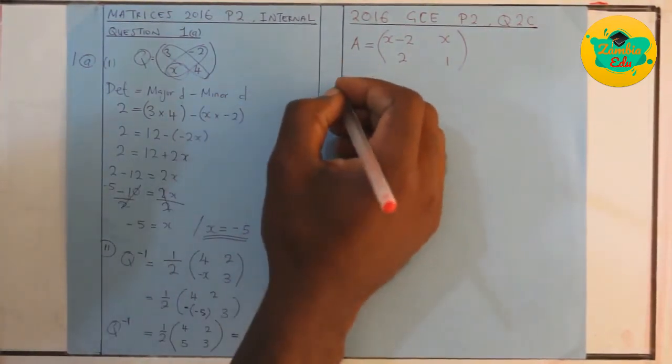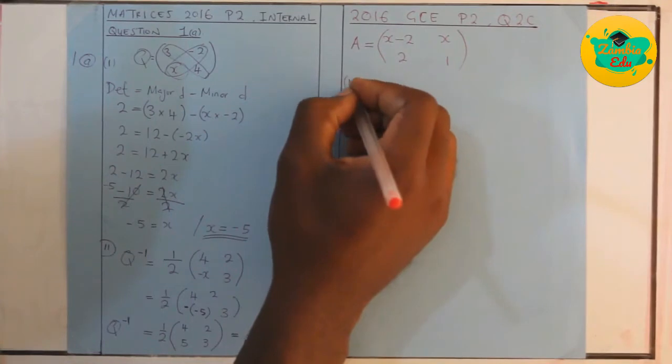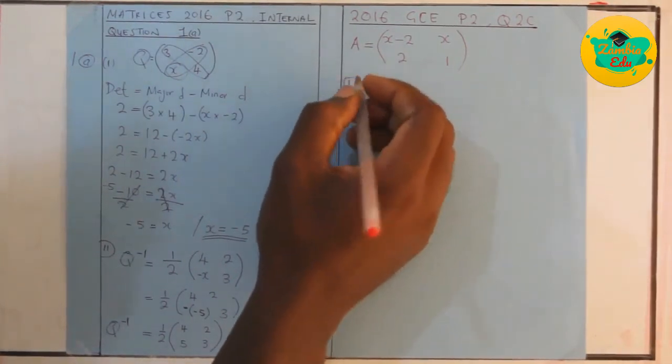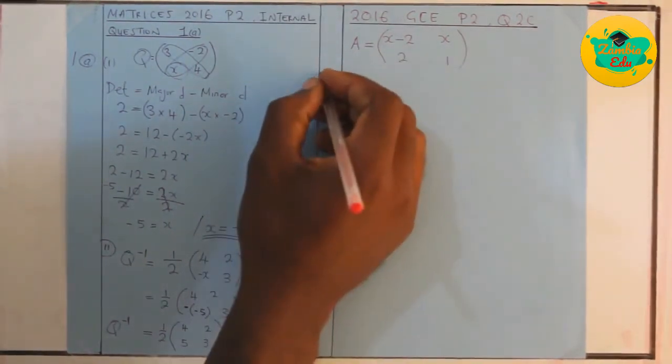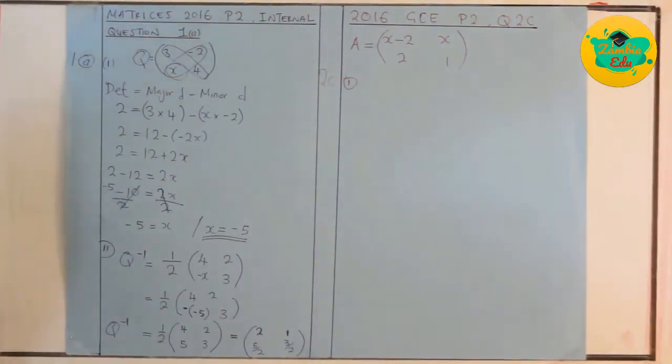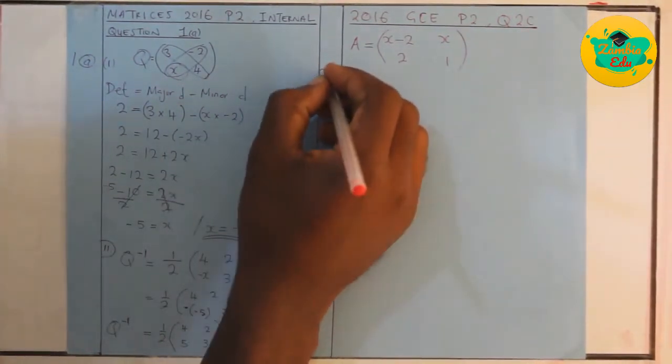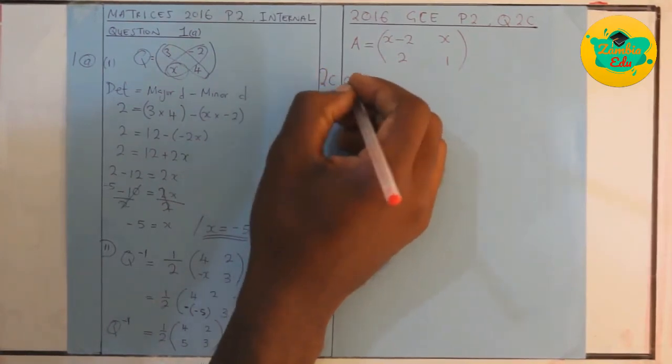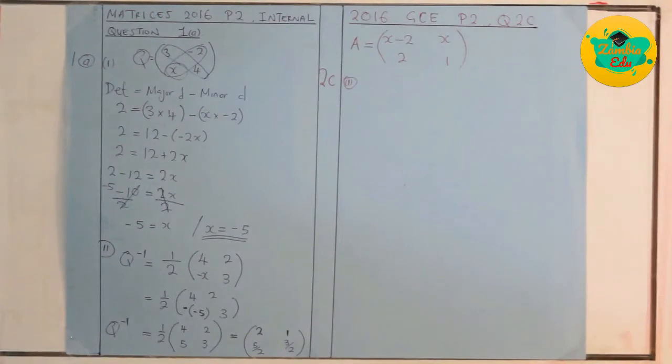Maybe we can write it in this way, numbering 2C, then part 1 in that way. Find the value of x.